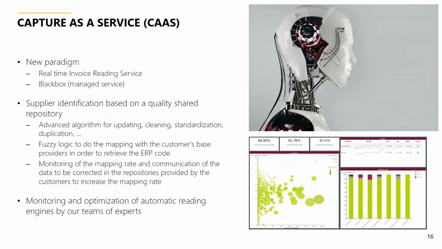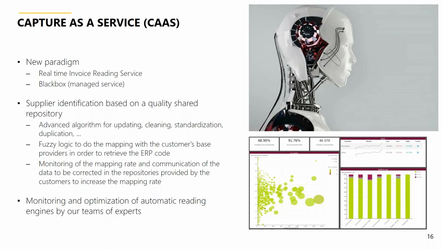matched. So to obtain such performance, the supplier identification engine is not relying directly on a client providing a master data file, invariably of quite variable quality, but what it's looking at is a shared repository. So CAAS integrates a set of advanced processing rules, which are looking at maintaining the quality of the data of the shared directory.